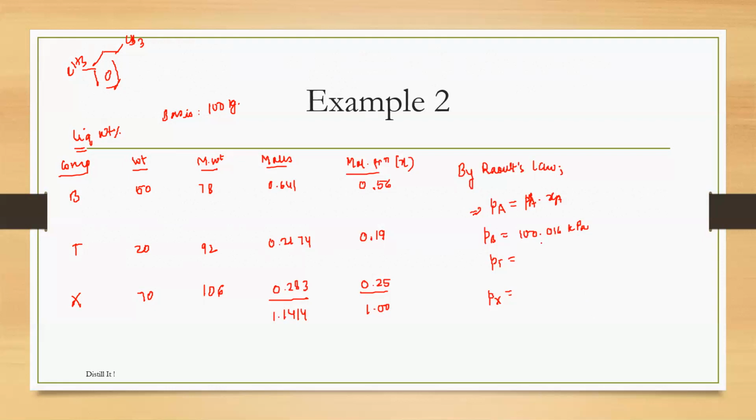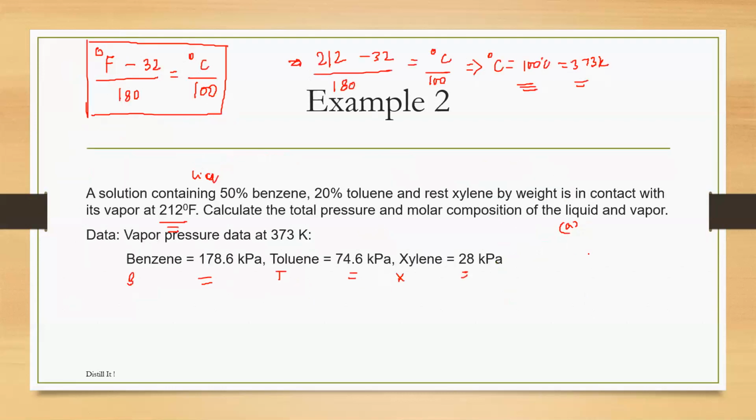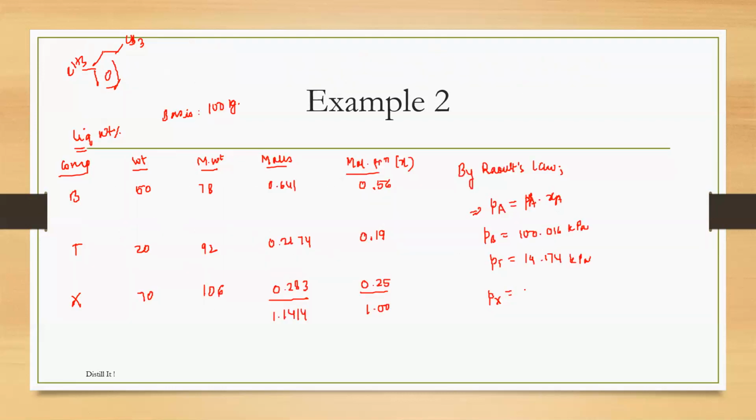That is equal to 14.174 kilopascal. All right. And finally, for xylene, we are going to get 0.25 into 28. That is 7 kilopascal. All right. So these are our 3 partial pressures.